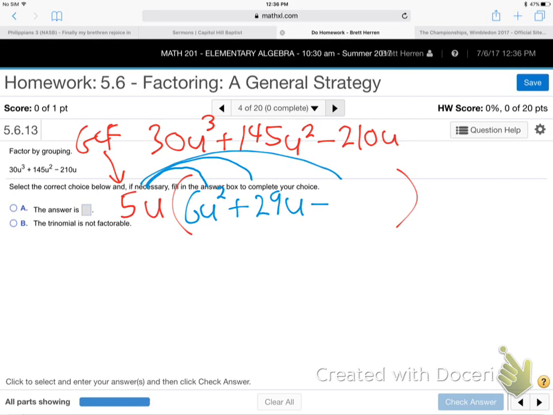And this one would be, was it 42? 42? Yeah. Good to there? Right, that was the GCF.